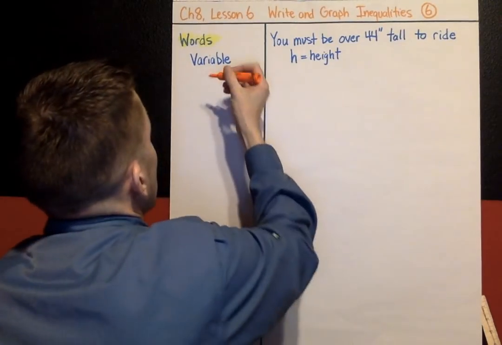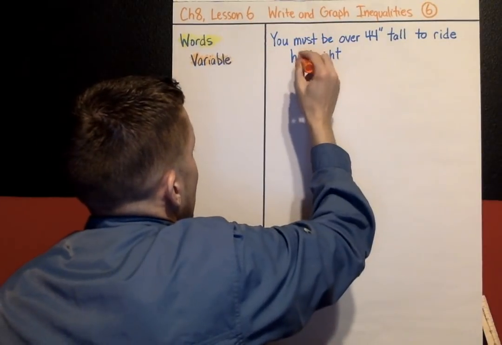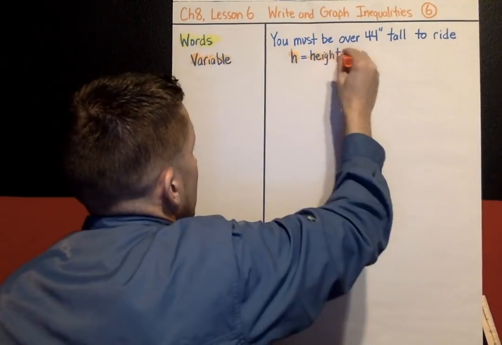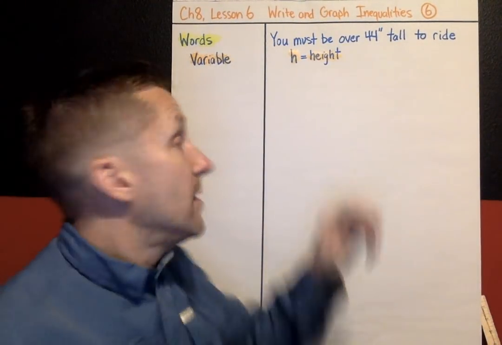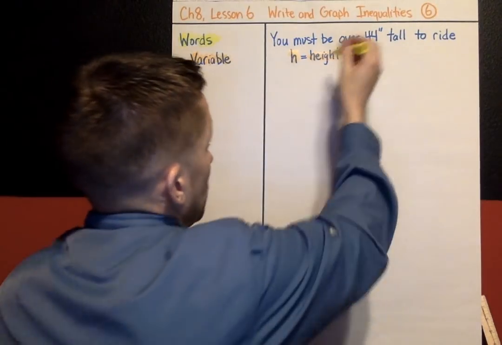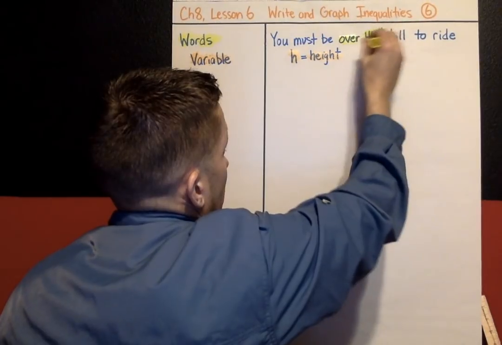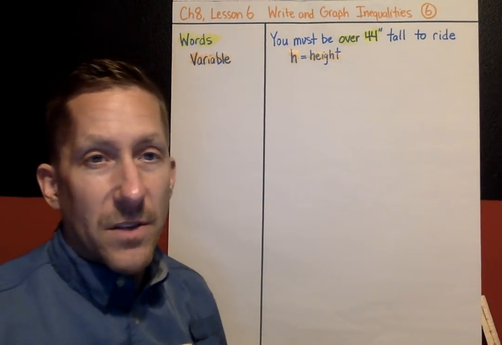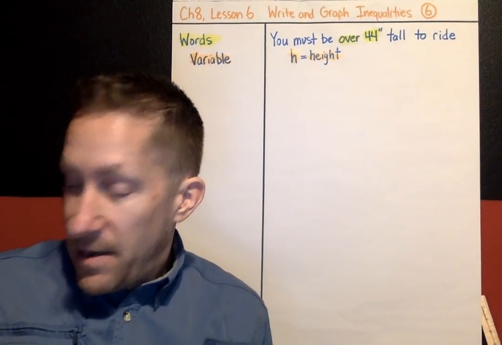So you first read the situation in words, and then you define the variable, and I'm going to say that H is the height. So now I'm going to go back to the words. What are some key words in here? You must be over 44 inches tall to ride. So really you've got to go back to the words and pick out, what do these words actually mean?